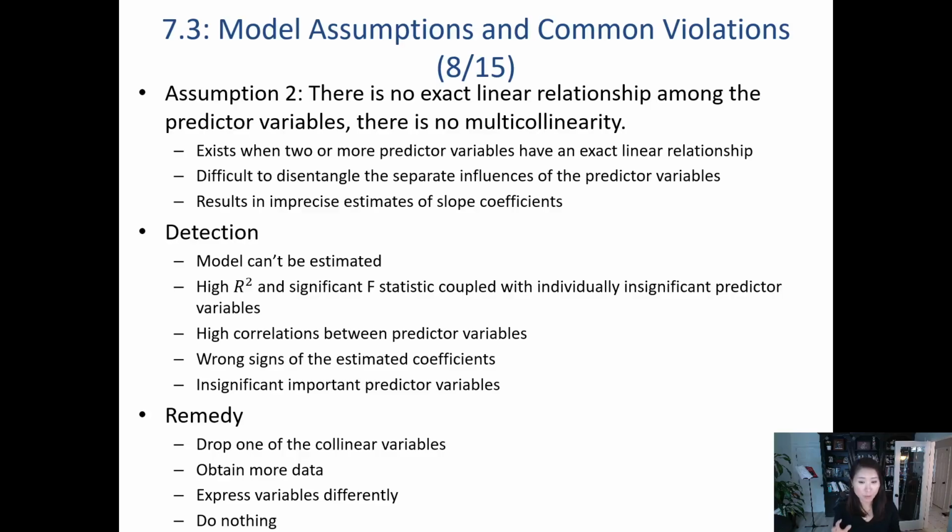That means if your x variables are highly correlated to each other, that is when we don't want to have it, if your goal is to understand the relationship between x and y. However, if your goal is to predict the y value, you don't care about how x impacts y, you just want to make sure you can build the model so that if you know x, you can predict y very well. If that's the goal, then multicollinearity is not a problem.